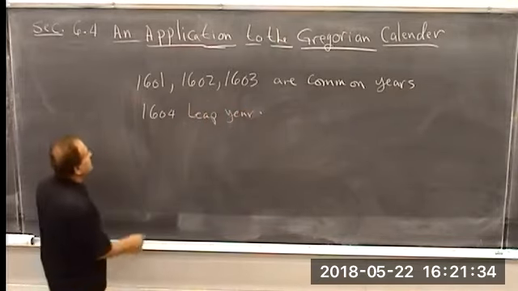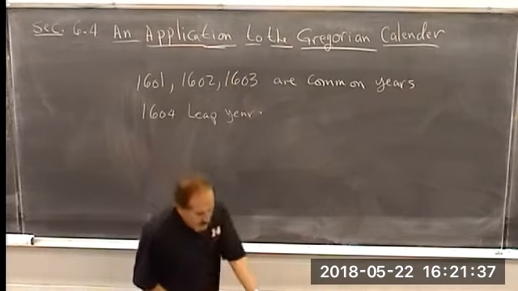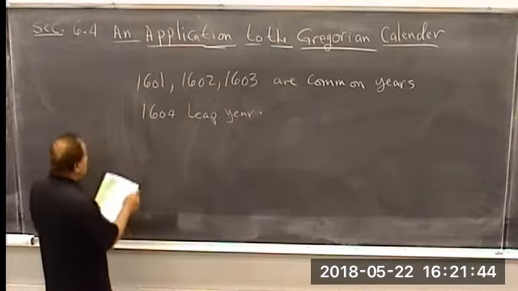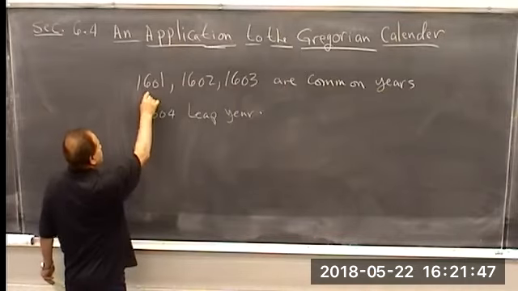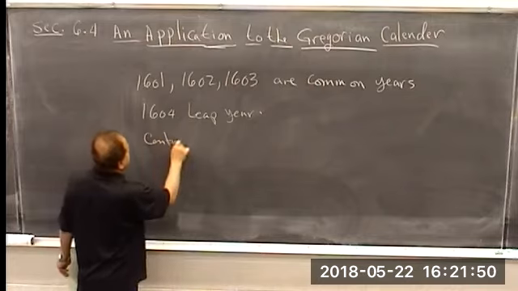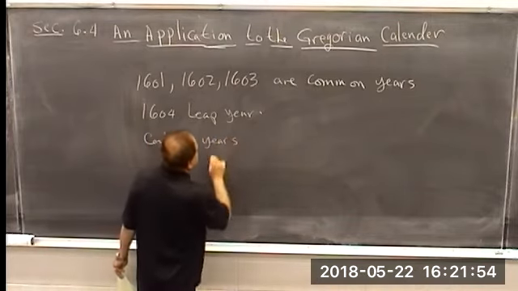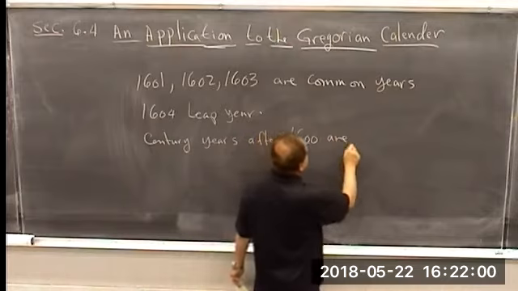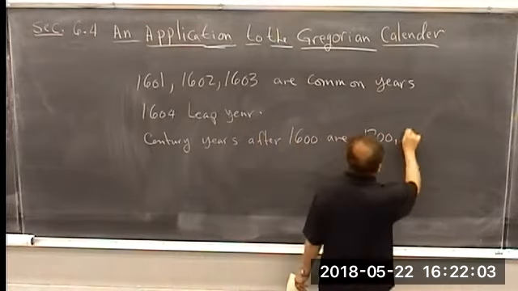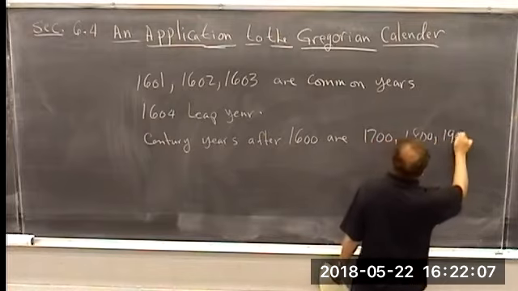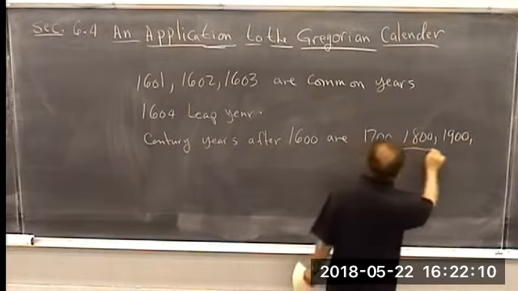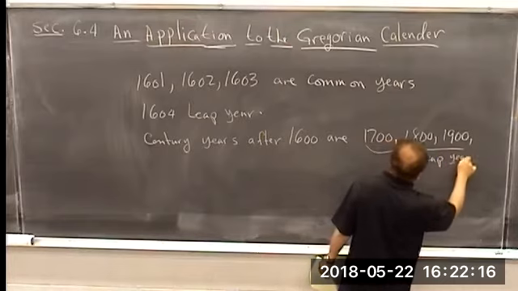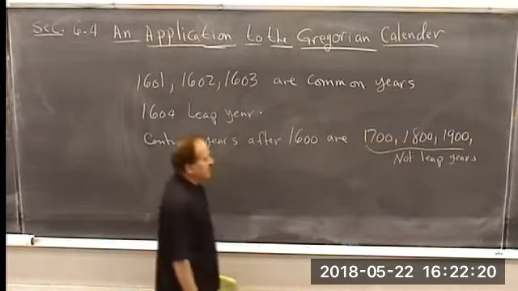Now the century years after 1600 are 1700, 1800, 1900, and all of these are not leap years, because none of these numbers is divisible by 400.